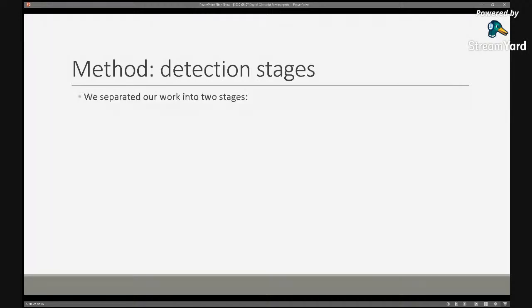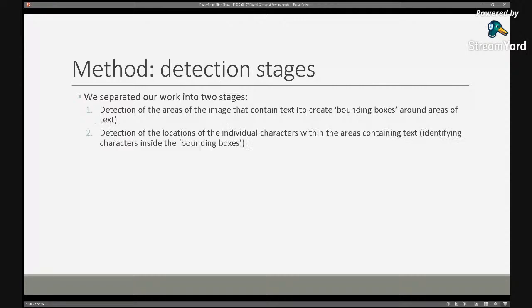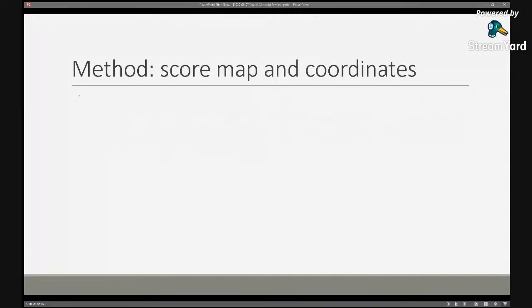We broke the work down into two stages. Firstly, we detected areas of an image that contained text. So we were creating boxes essentially around the areas where there is text. And then secondly, we were locating characters within those, what we call bounding boxes. So in the areas that contain text, can we actually identify individual characters and then do something with them?